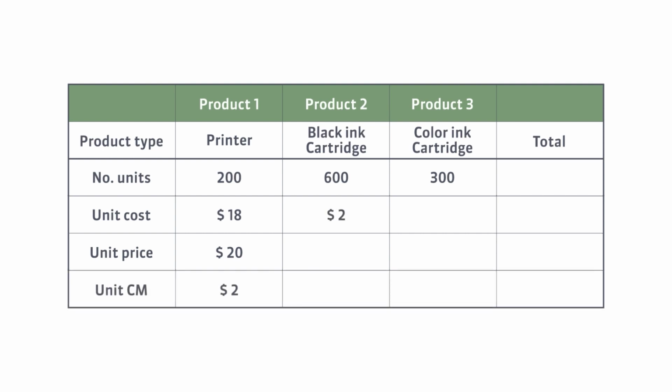The unit cost of a single black ink cartridge is $2. The company sells it for $5. Therefore, the unit contribution margin is $3.